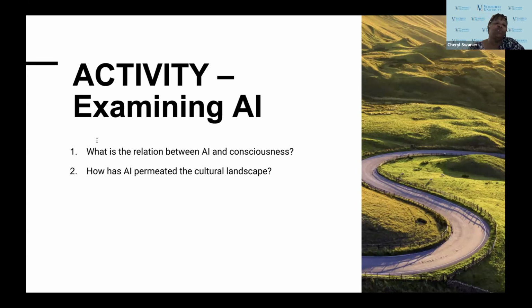when we look at the first question, what is the relation between AI and consciousness? So we want our machines to have a certain level of awareness, okay? And think about we as humans, we have consciousness. And the same thing is true with AI. AI are these machines, yeah, they have consciousness based on the data, but if the data is not there, then these machines do not have a certain level of consciousness.